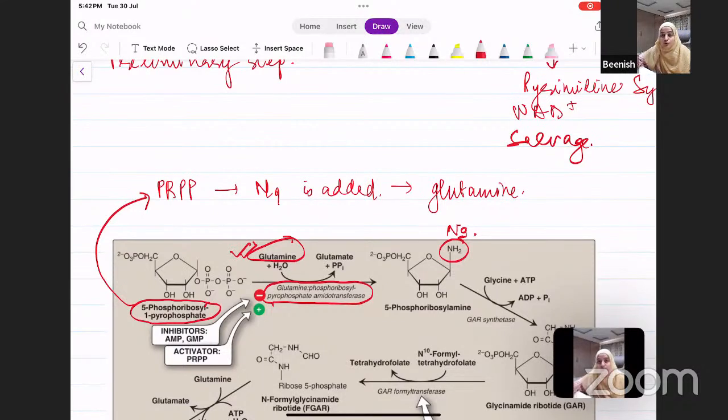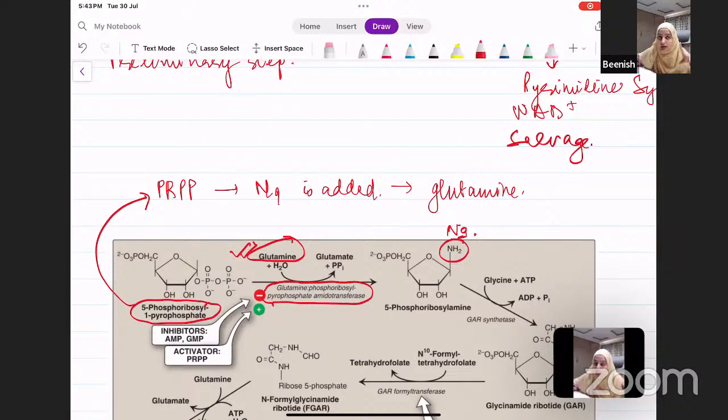How am I so sure that nitrogen 9 is being added? Because in the purine ring you have so many nitrogens. Four nitrogens are there. But we have just discussed the structure that when you're forming a nucleoside, that is when a pentose sugar is joining with a nitrogenous base, if it is a purine base, then remember that I said nitrogen 9 binds to the carbon 1 of your pentose sugar. In pyrimidine, nitrogen 1 of the pyrimidine was forming a glycosidic bond with the carbon 1 of the pentose sugar.